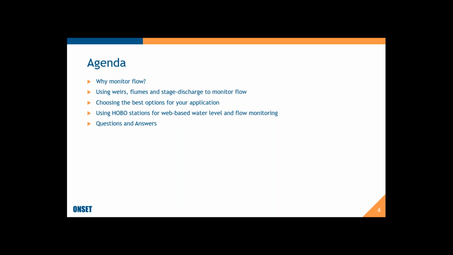Then we're going to talk about weirs, flumes, and stage-discharge curves as ways of determining flow based on water level, and talk a little about what might be the best options for your application. Then we'll talk about using our HOBO stations for web-based water level and flow monitoring. And as I promised before, we'll have some time for questions and answers.